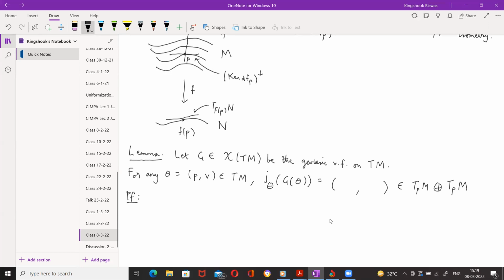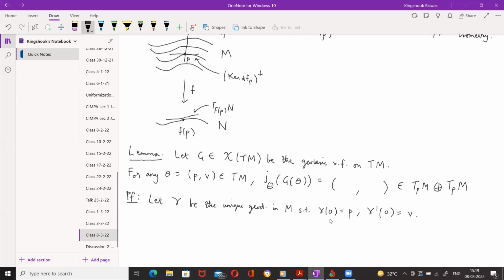Okay. So let gamma be the unique geodesic in M such that gamma 0 is p and gamma prime 0 is v.